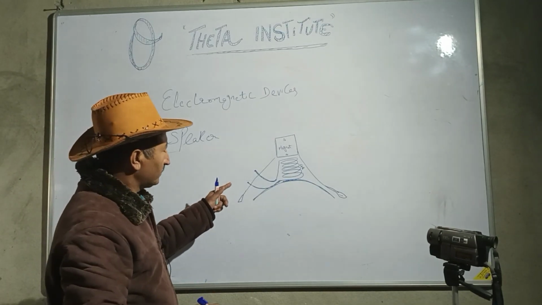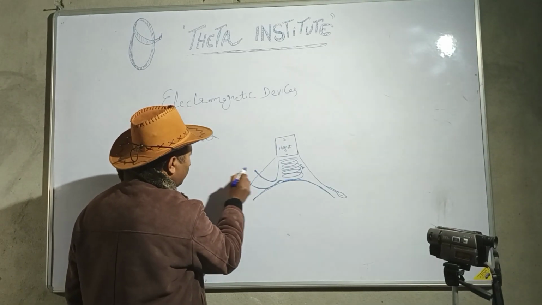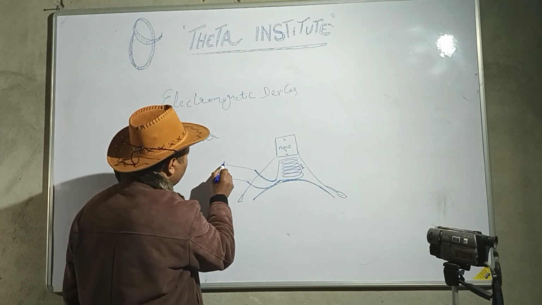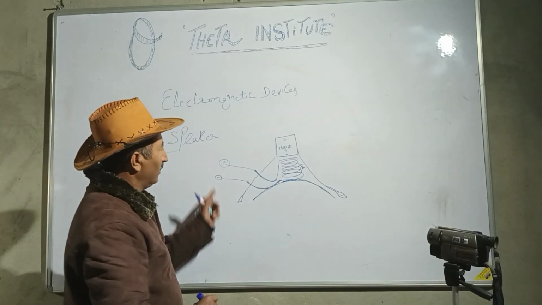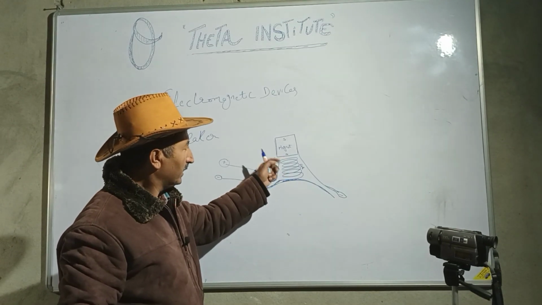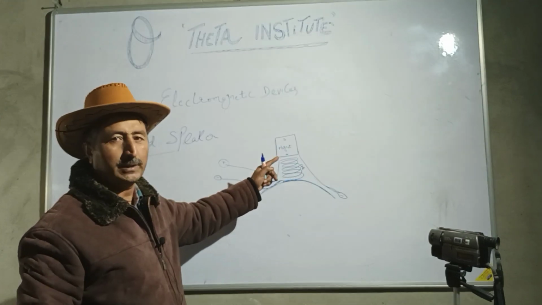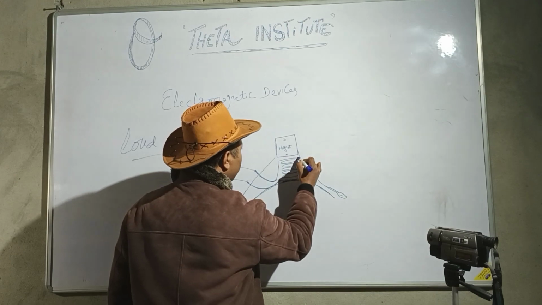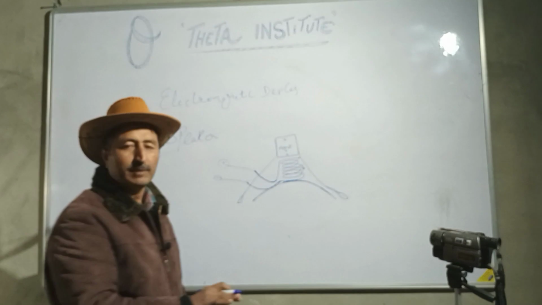When an electric current goes in, suppose this one is given positive and this one is given negative. When positive enters the coil in an anti-clockwise direction, that end of the coil becomes north. So here is north, here again north, north and north repel, and the coil goes down, pushing the diaphragm down.